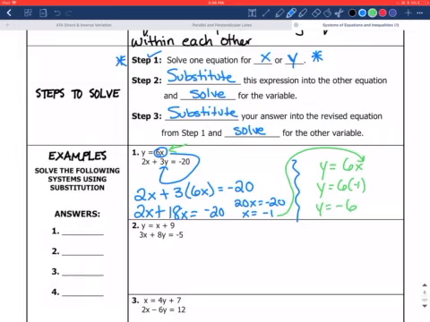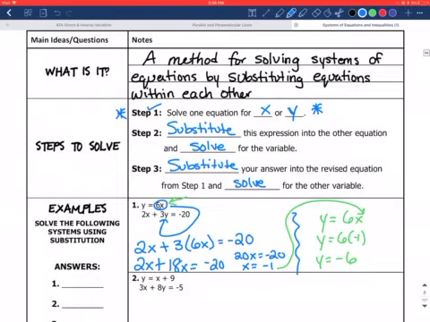Now, the whole point of this is I'm giving you two different lines, right? So this could be y equals 6x, and this could be the 2x plus 3y equals negative 20. I'm giving you two different lines, and I'm asking, hey, where do they cross? What is the solution of these two lines? We talked about solutions with quadratics and how it's where it crosses the x-axis.